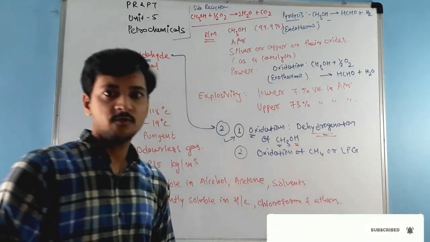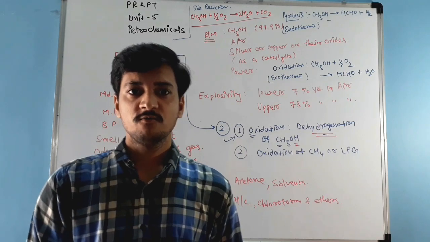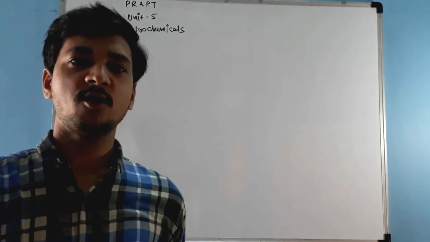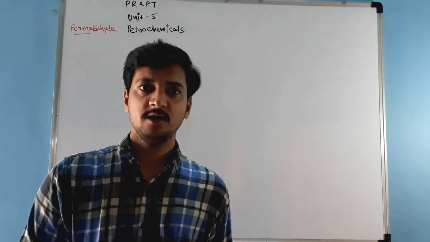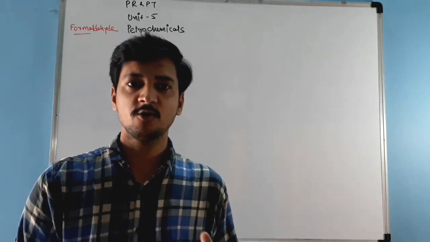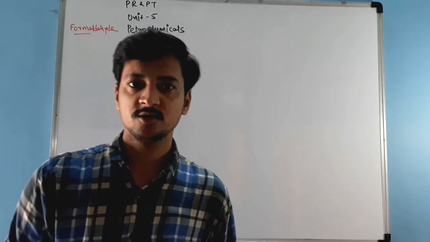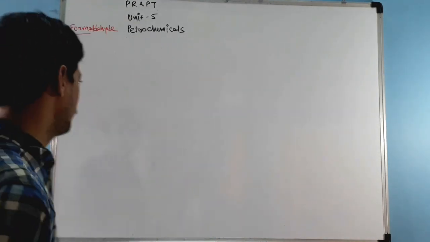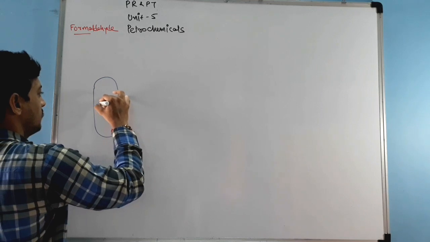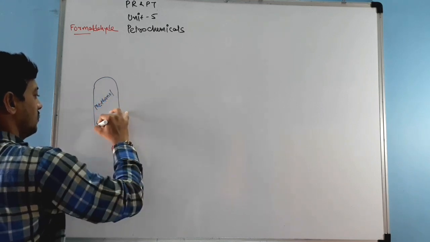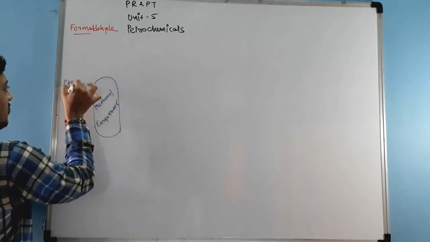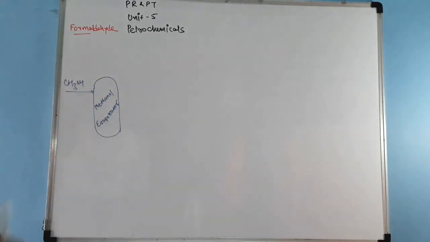Now let's discuss the flow sheet of formaldehyde. The basic raw material is methanol, and we have to oxidize it: oxidation of methanol takes place and formaldehyde is formed. First we draw the methanol evaporator, in which methanol is fed.